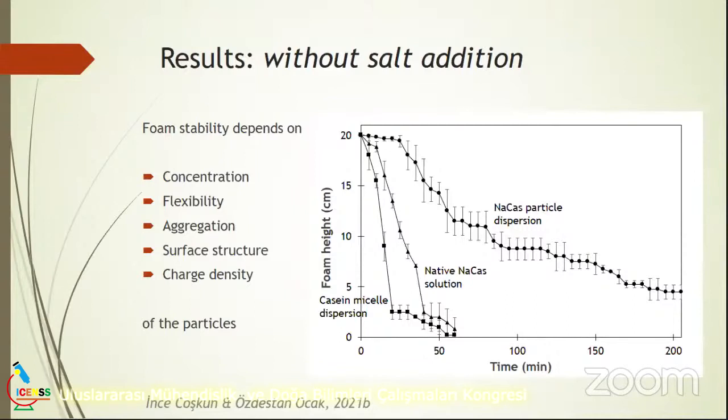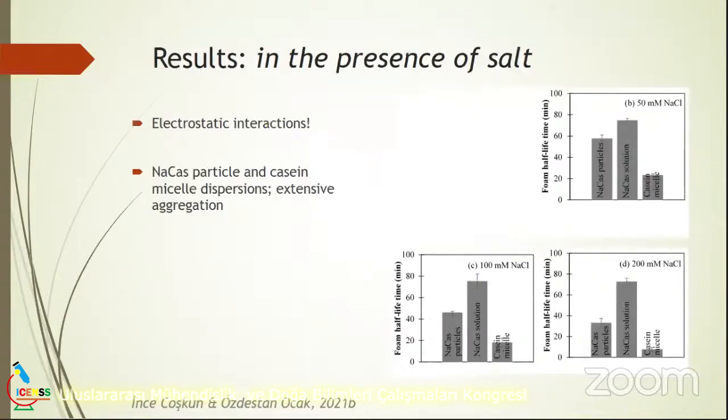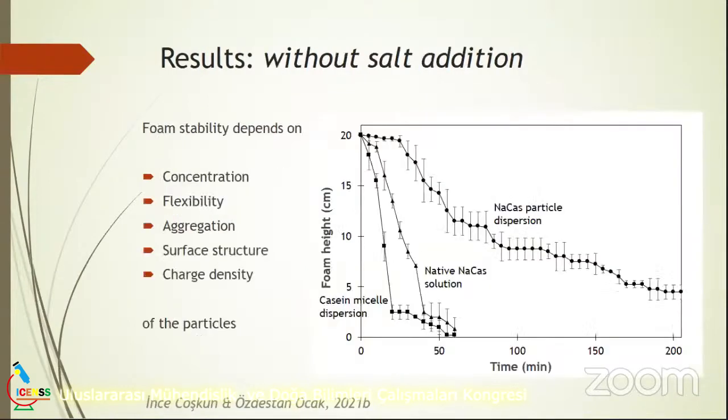So there's a difference between them in terms of their charge densities, and of course this affects the surface structure and their aggregation rate, so that we cannot control. But we think due to the Pickering effect, the sodium caseinate particle dispersions show the highest stability when there is no salt in the system.